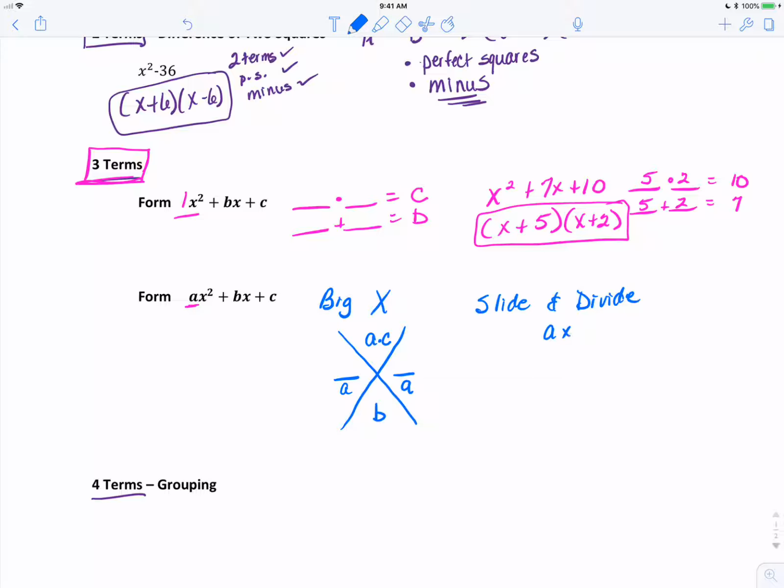Slide and divide: you went ax squared plus bx plus c, you slid that a down, and we came up with the factors and then divided by a. Okay, so let's find an example of that.